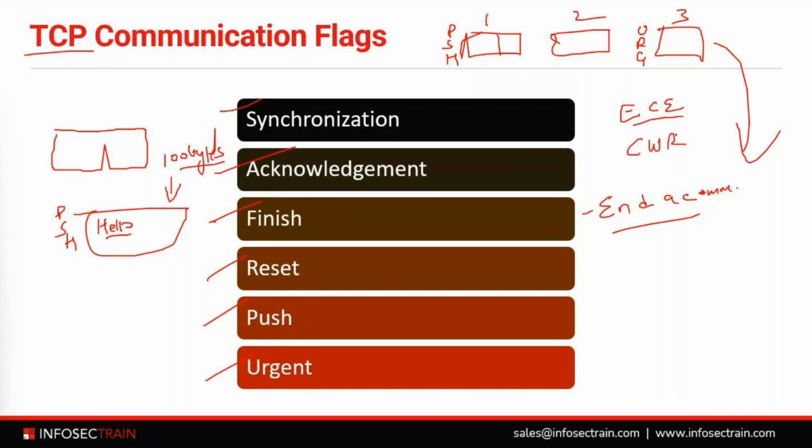Now CWR means congestion window reduced. So it indicates that the sender has reduced its congestion window, right? So it is used in conjunction with the ECN flag, right? It is used for managing the network congestion, right? So these are some of the other flags that are used when congestion happens in the network, right?